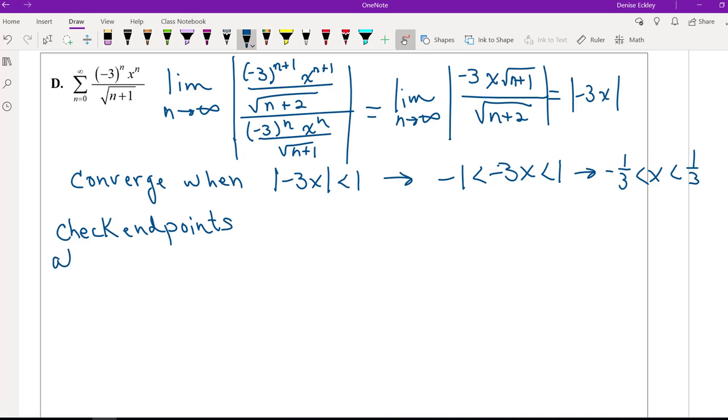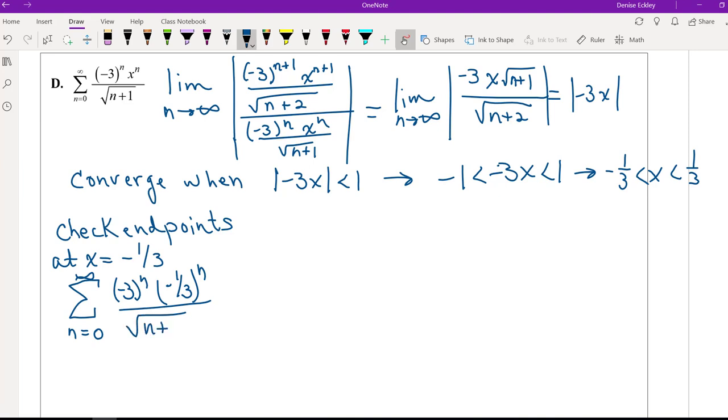So at x equals negative 1/3, substituting that in, we have the summation from n equals 0 to infinity of negative 3 to the n times negative 1/3 to the n over the square root of n plus 1.